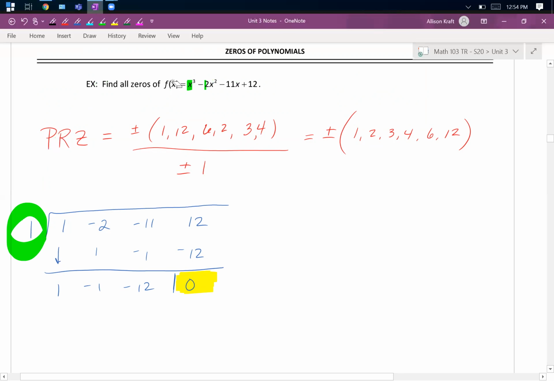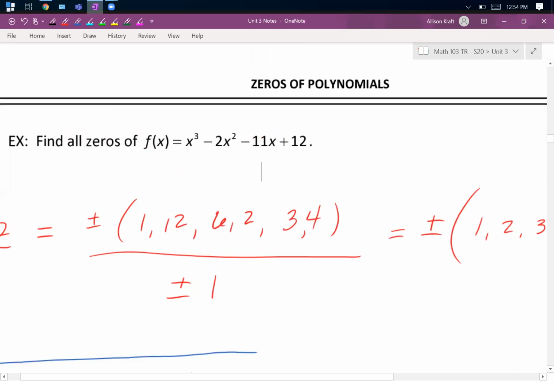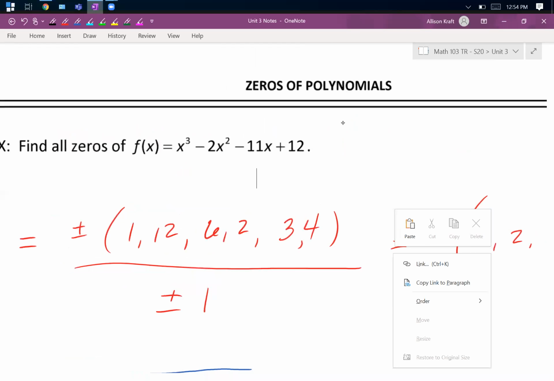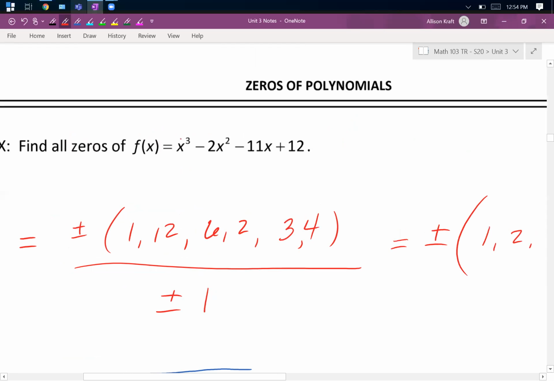When we first talked about remainder theorem, I mentioned that I don't really use it. I only use it a little bit. I use it to check the number 1. If you plug 1 into this polynomial for x, when you raise 1 to any power, you get 1.